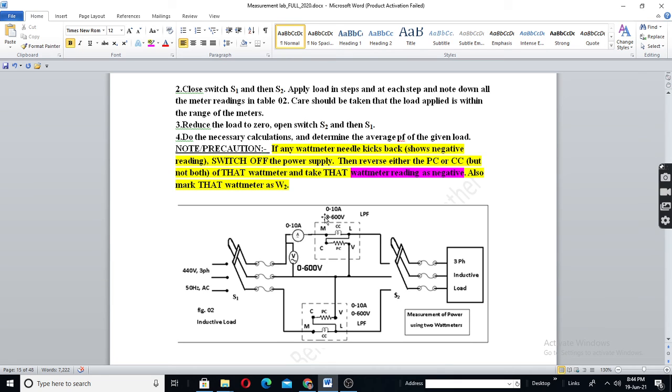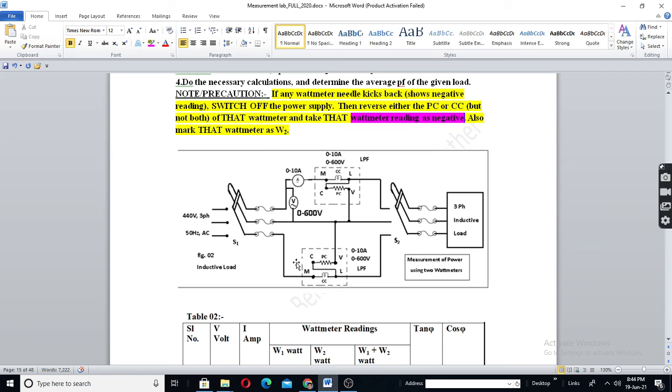If this wattmeter is kicking back, showing negative reading, immediately switch off the supply, else the wattmeter needle will get bent. Then reverse either current coil or potential coil, means interchange M and L or C and V, not both.